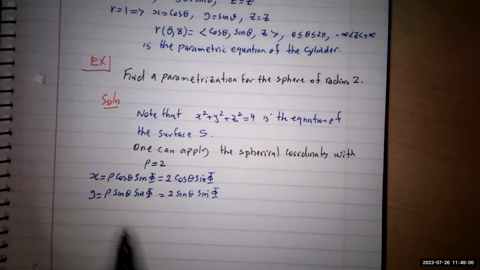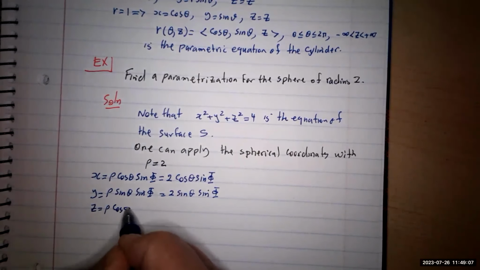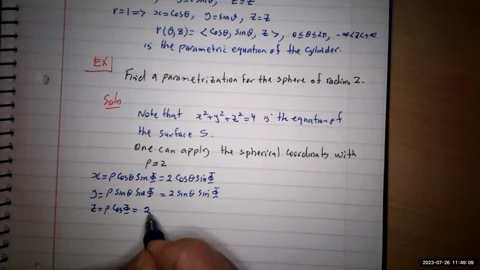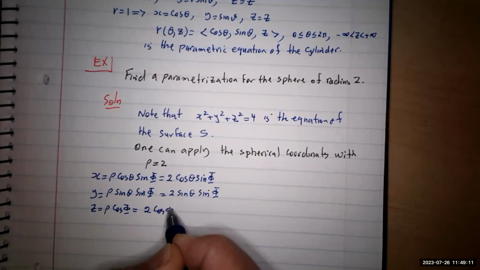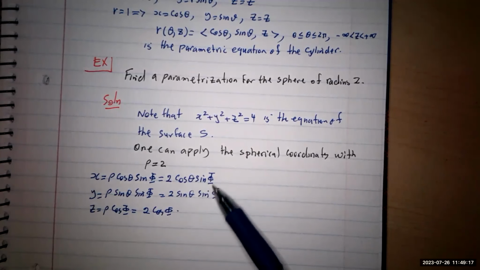And remember the z is equal to rho cosine of phi. So this is going to be equal to 2 cosine of phi. That's it. So you can write it in the parametric form using two parameters.